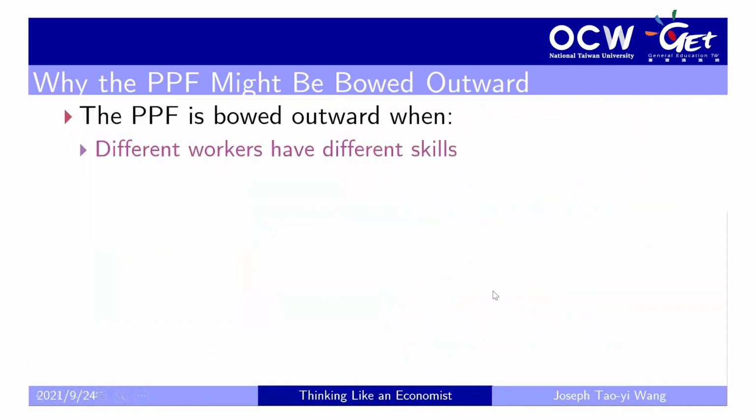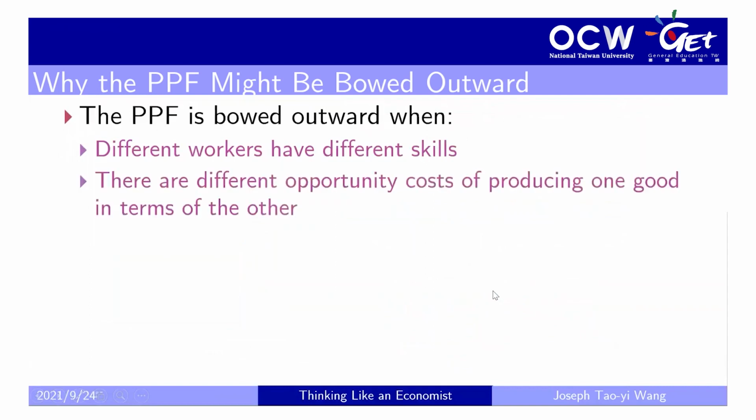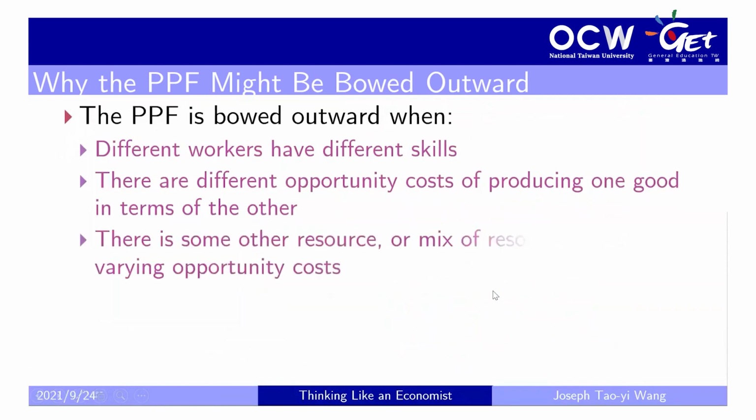The PPF is bowed outward because different workers have different skills. That means different opportunity costs of producing one good in terms of the other. And it could also be that there's some other resource that has varying opportunity costs. If you think of land, when more land is used, then the opportunity cost for the remaining land is higher.